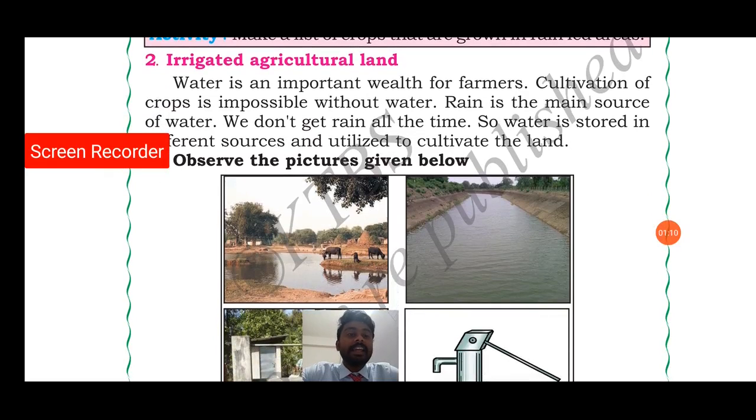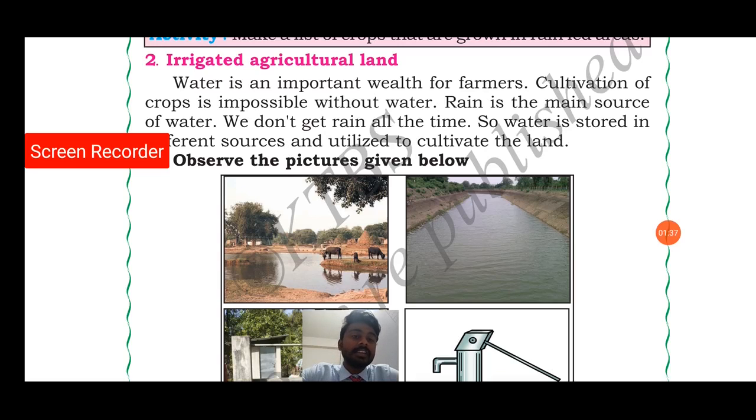The second one is irrigated agricultural land. You can see, students, when water is present in a larger portion, the land looks very greenish, because water is an important natural resource in agriculture fields.